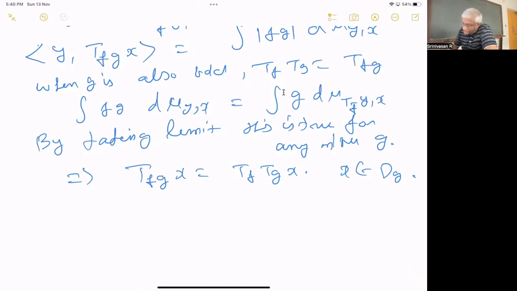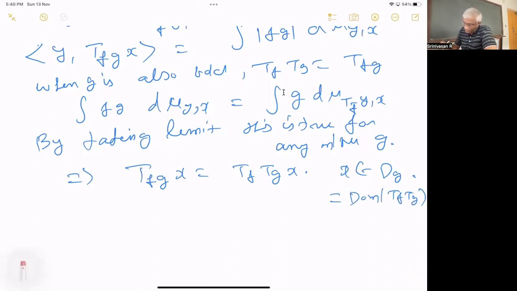Okay. So does this imply that T_F T_G, so this is for x in D_G? Now we started with x in... This is certainly, I mean, now F is bounded, T_F is bounded. So this is actually equal to the domain of T_F T_G. Right?